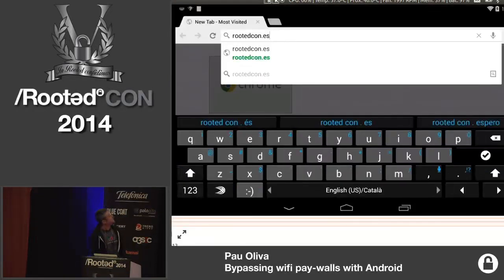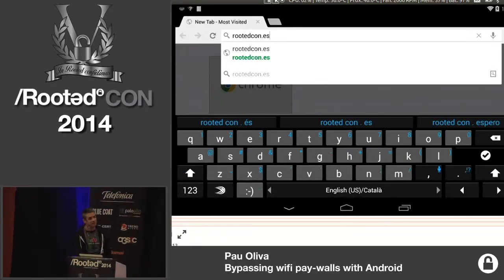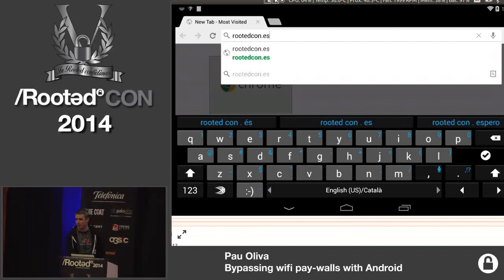Okay, this is a Nexus 7 tablet, where I'm looking for the rooted Wi-Fi address. I was strolling around until I found a hotspot.